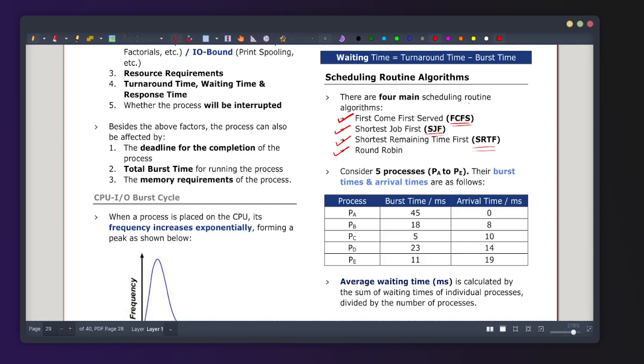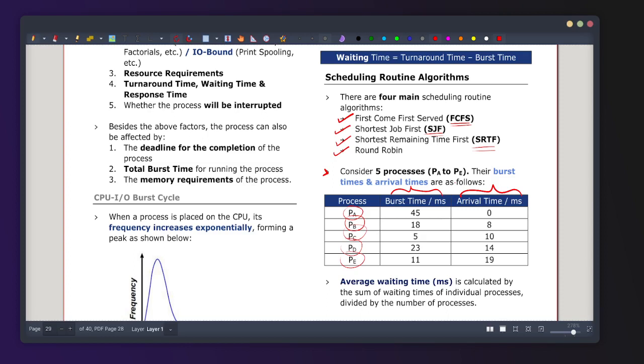Now, to understand scheduling, I will look at 5 dummy processes. Basically, I will give myself 5 processes, process A, B, C, D and E. I'll give my processes a burst time and arrival time, and then look at how each of these scheduling algorithms work given these 5 processes.